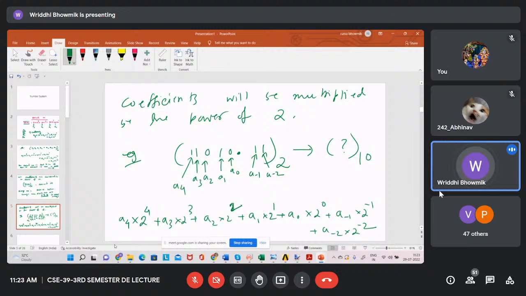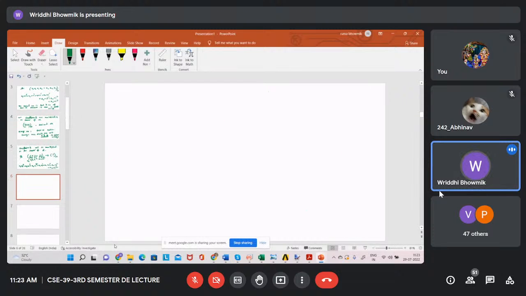And now you see what are the values. A4 is equal to 1, A3 is equal to 1, A2 is equal to 0, A1 is equal to 1, A0 is equal to 0, A minus 1 is equal to 1, A minus 2 is equal to 1.